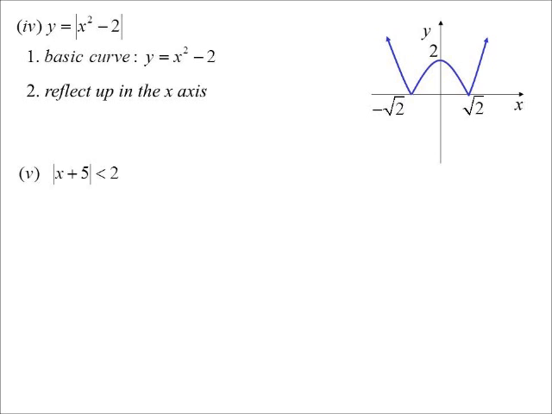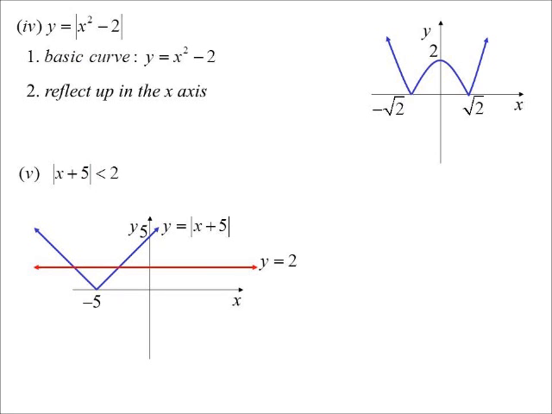If I wanted to, I'm not suggesting that you would do this, but if you already had the graphs drawn, you could use your graph to solve the inequality. We're saying absolute value of x plus 5, so absolute value of x shifted left 5 units. We want to know when is that graph below y equals 2. So when is the blue graph below the red graph?